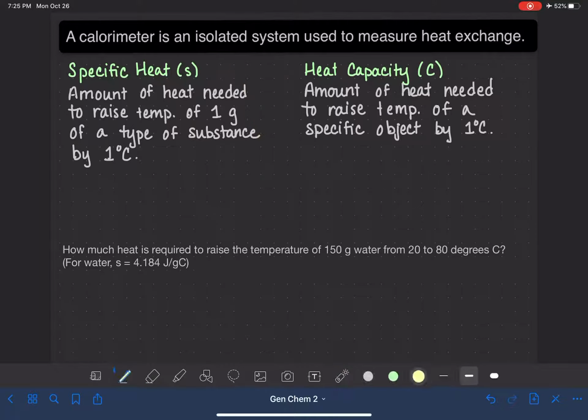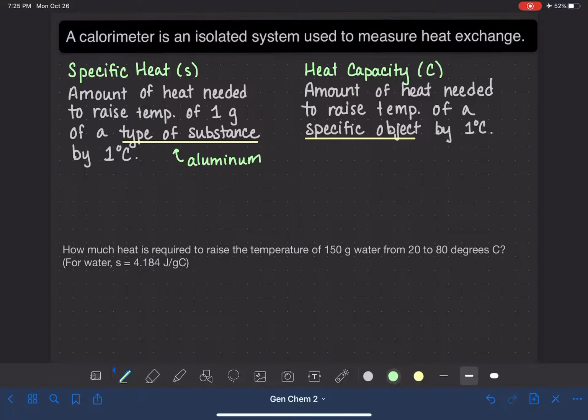In particular, specific heat and heat capacity are different only in terms of what they are describing or what they apply to. Specific heat is a number that applies to a particular type of substance. For example, specific heat maybe applies to aluminum, the type of substance aluminum. Heat capacity, on the other hand, applies to a specific object.